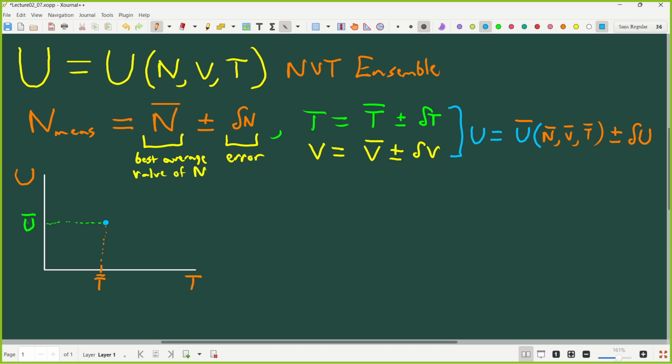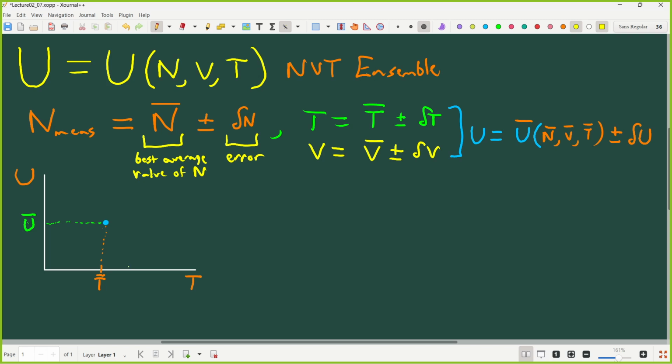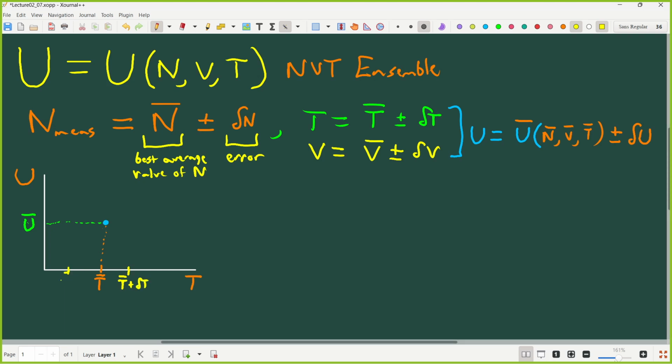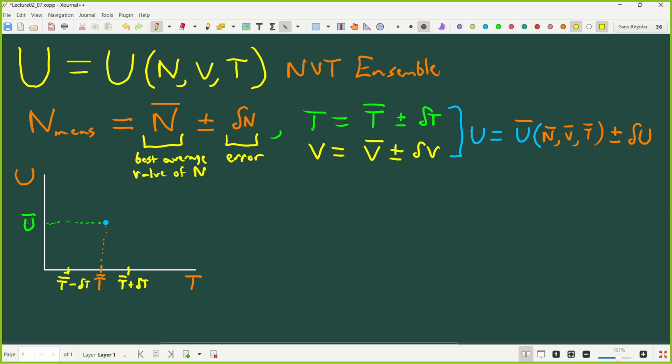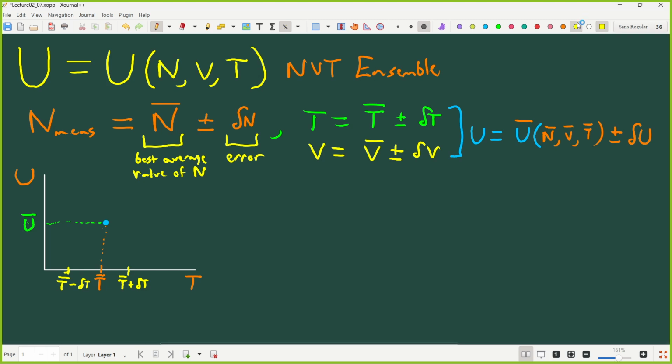Okay, but T has some uncertainty to it, right? I've only put in the mean value of T, the average value of T, but T can fall within plus or minus delta T. Okay, so let's put some bounds there on T. So T can fall in any range between T, and we'll go T plus delta T. And equivalently on the other side, T can be minus that too, plus or minus delta T. All right, so T can fall into any of these ranges here.